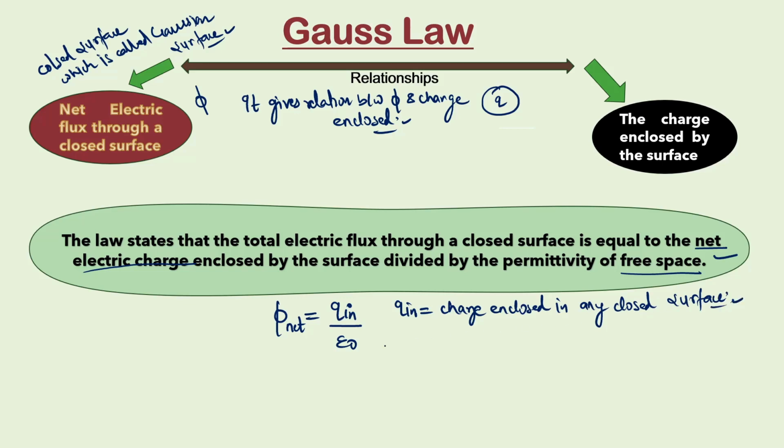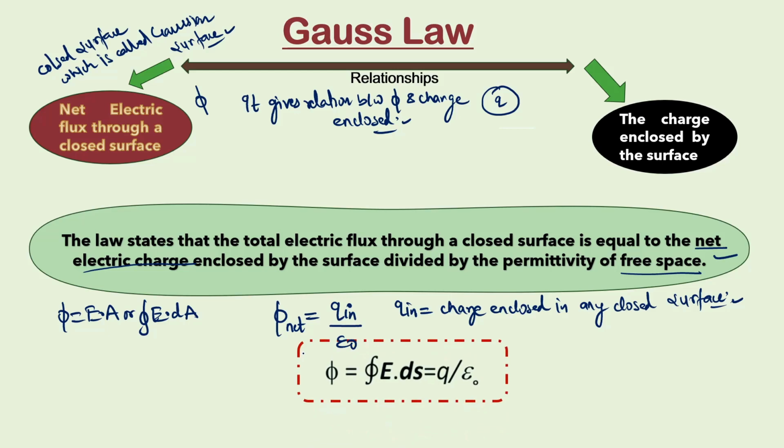As we know, phi is equal to E dot A, or the surface integral of E dot dA. So Gauss law can be given by phi equal to the closed surface integral of E dot dS is equal to q upon epsilon naught.